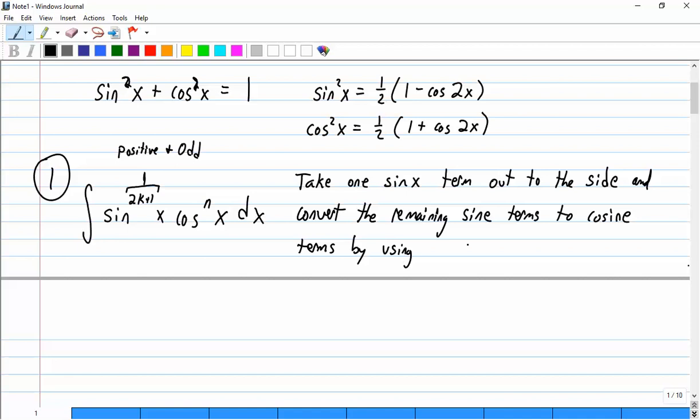how do I do that? How do I change sine terms to cosine terms? What formula have we written down up here? We could do that, but it would be very long. So we're going to use the Pythagorean identity.